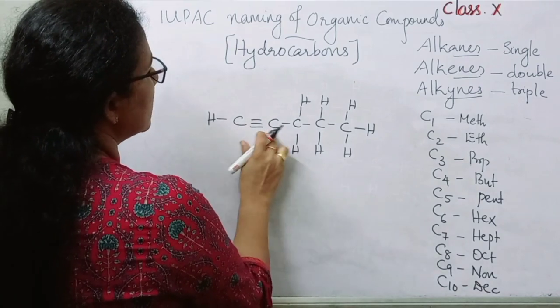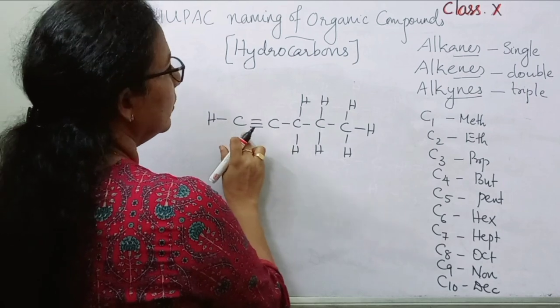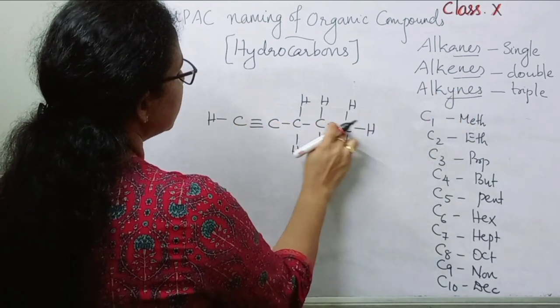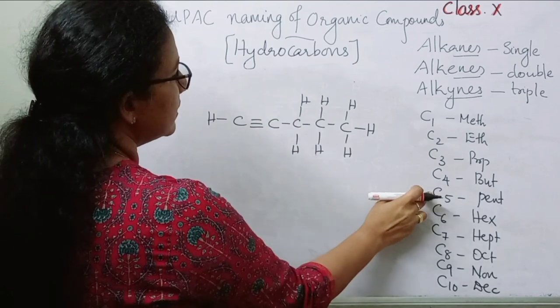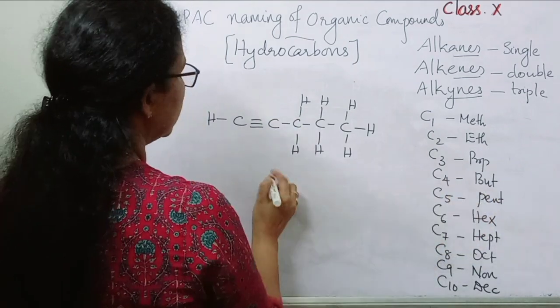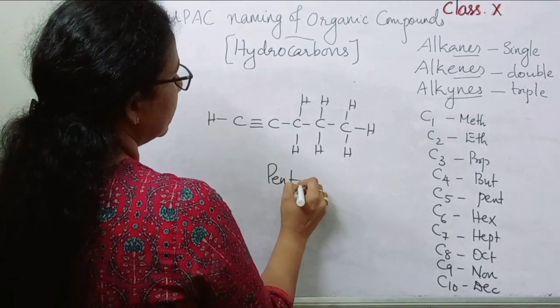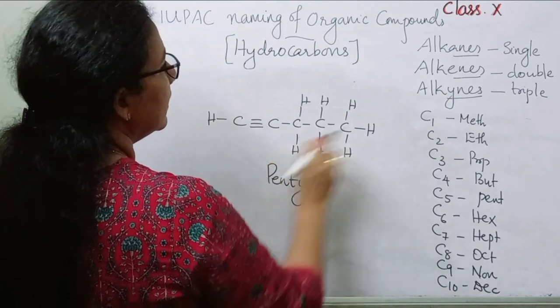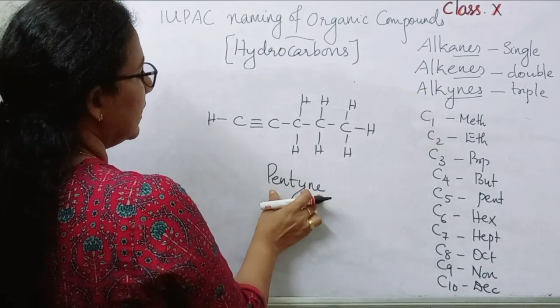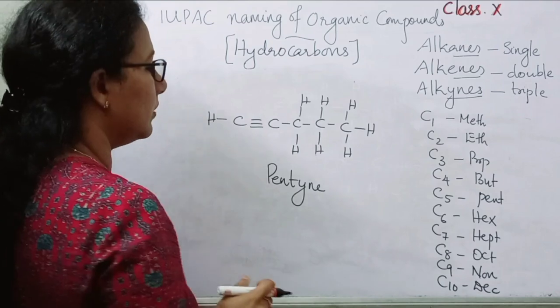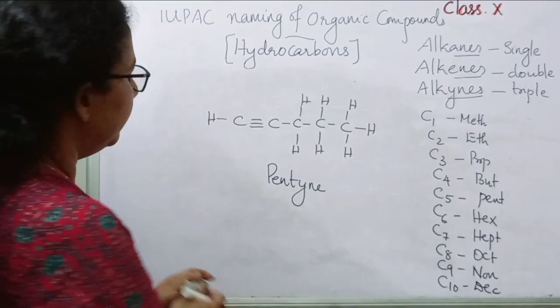So there is a triple bond here. So it will be an alkyne. And count the number of carbon atoms. There are 5 carbon atoms. So the name starts with pent and ends with yne since it's an alkyne. So the name of this particular compound is pentyne.